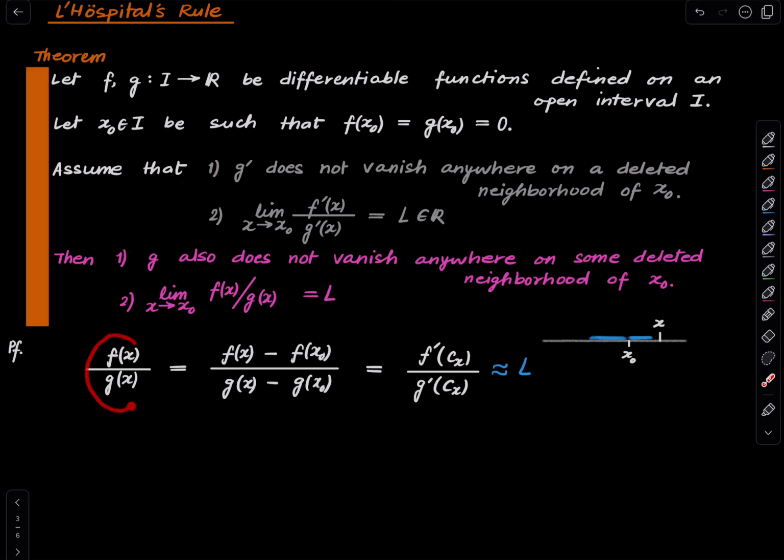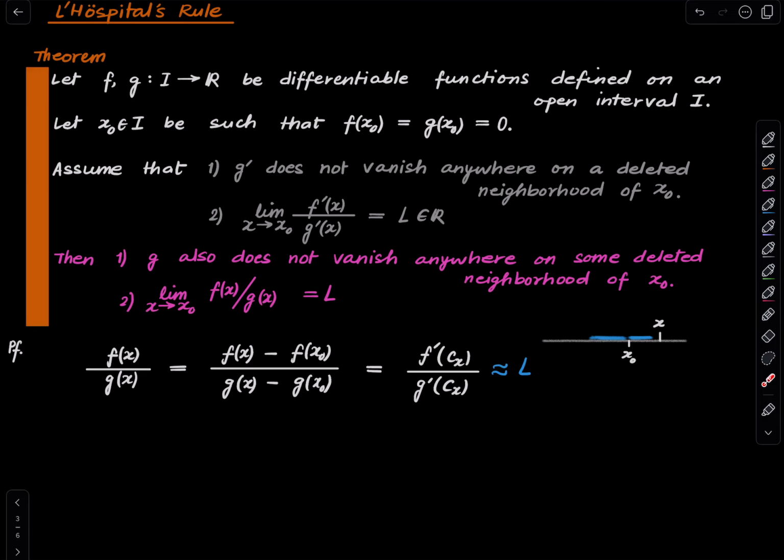And once we have this ratio, we played this small trick, applied Cauchy's mean value theorem, and argued that this ratio is close to L if x is close to x naught, and that is essentially what a limit means. So we have established this. I did not write down a proof, but I hope you can. Given all of this, we should be mature enough by now to convert such arguments into formal proofs.